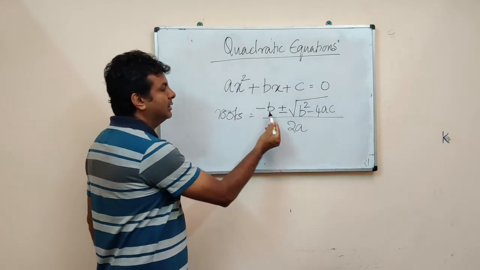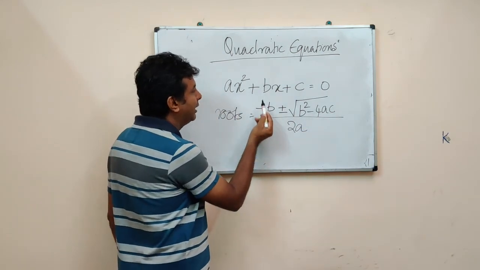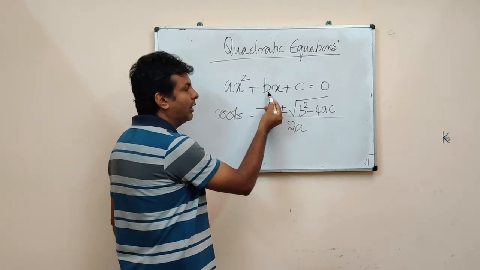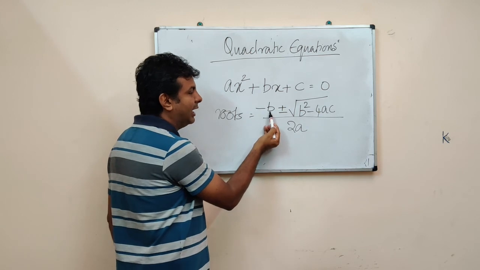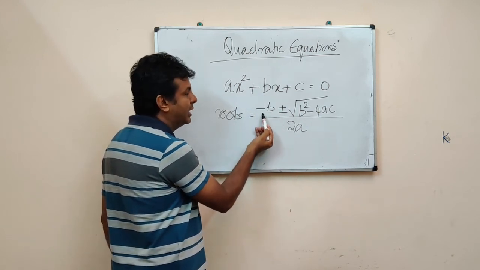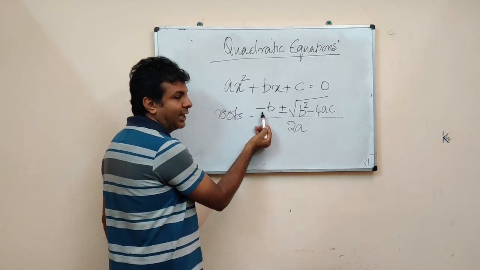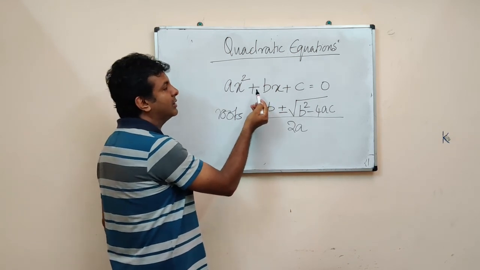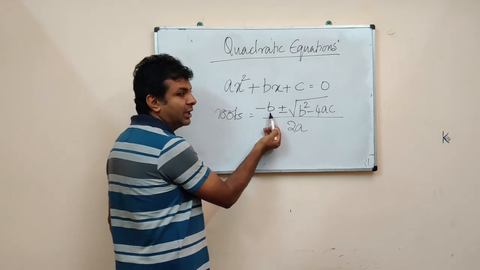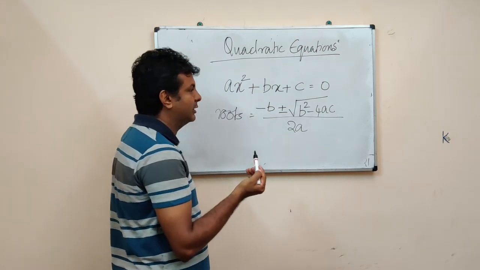Now, let us look at these coefficients. B is the coefficient of x. If it is positive in the standard format of the equation, it will be negative here. And if you get an equation with a negative value here, it will still be minus of that negative value, which will yield a positive value.